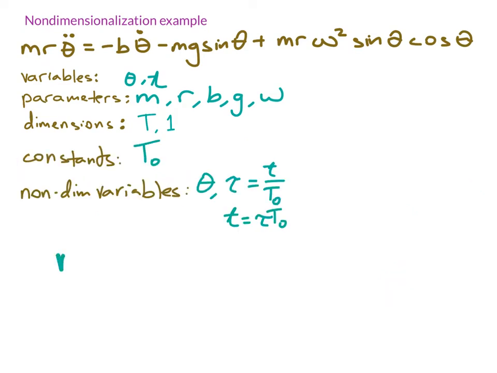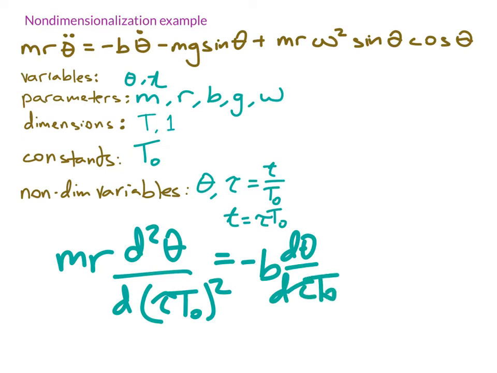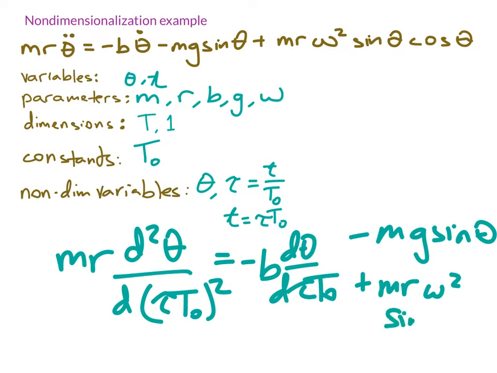Writing the equation out, I have mr d squared theta d tau t0, the quantity squared, is equal to negative b d theta d tau t0 minus mg sine theta plus mr omega squared sine theta cosine theta.